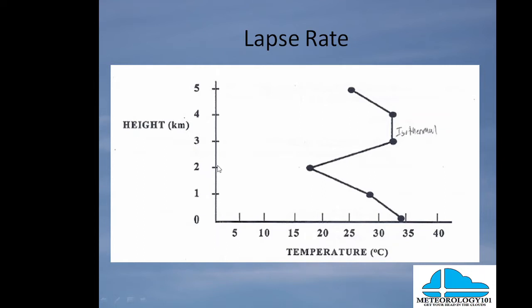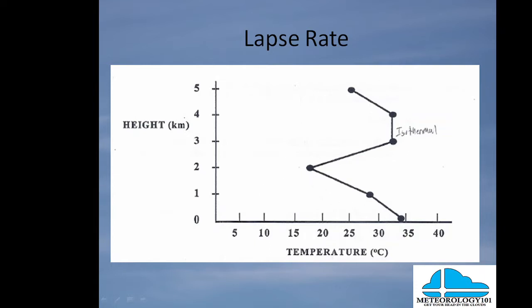Say here's 2 kilometers, then it changes about 17.5 degrees, say 17. That's almost 14 degrees per 2,000 feet. So you're looking at about 7 degrees. I'm going to call this standard.